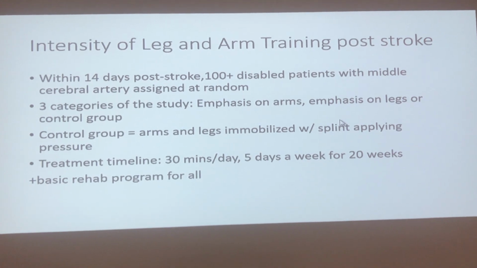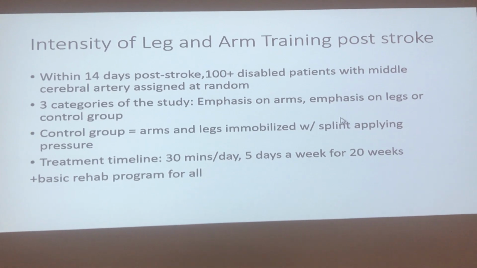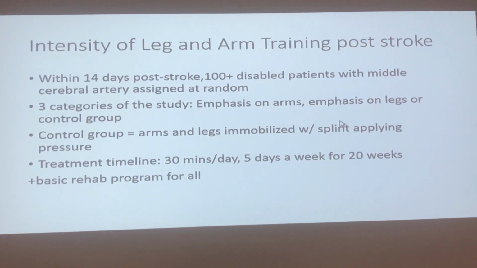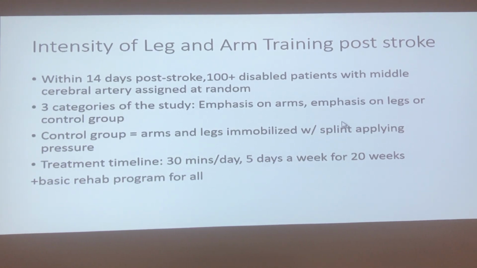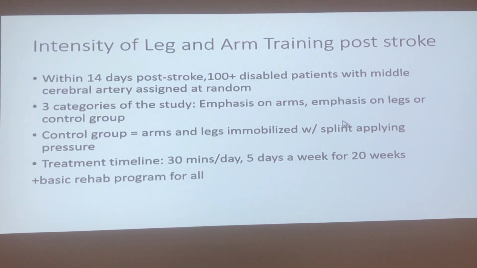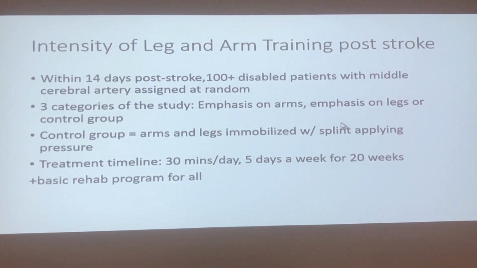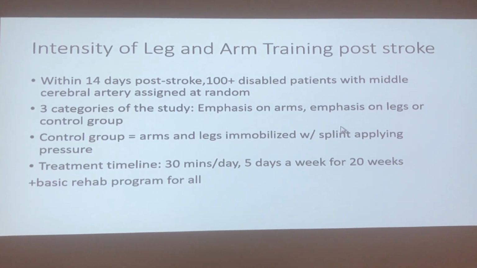The three categories were emphasis on the arms, emphasis on the legs, or the control group. The control group had their arms and legs immobilized with a splint applying pressure, and they focused on other types of rehabilitation.